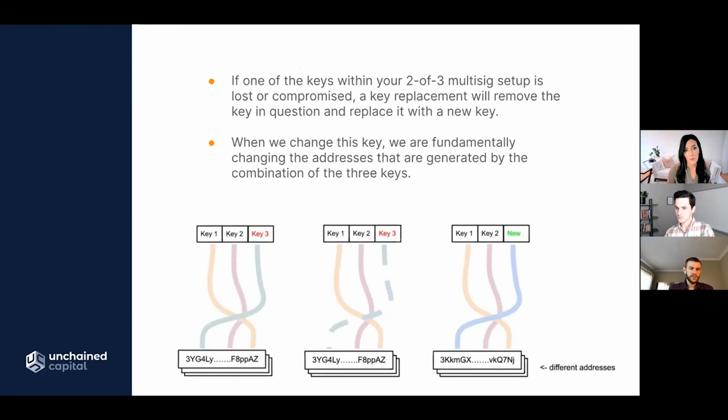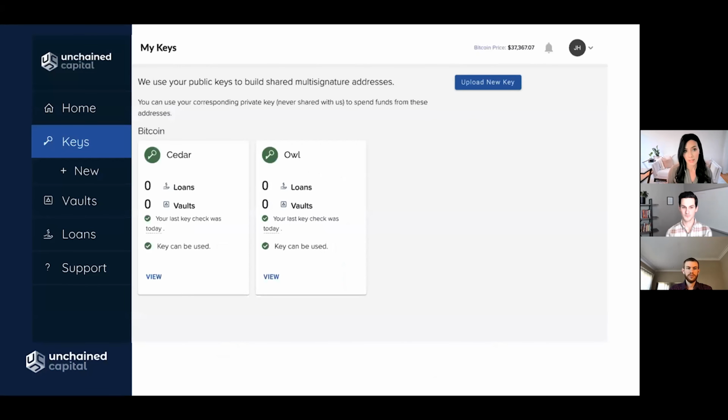What we want to do now is remove that key from our strands of braids and replace it with a whole new key. And as you can see on the diagram here, when you do that, it will actually change the address of your vault because you're doing a new setup specifically.